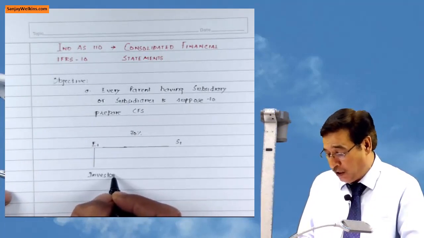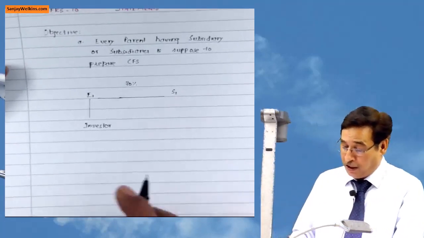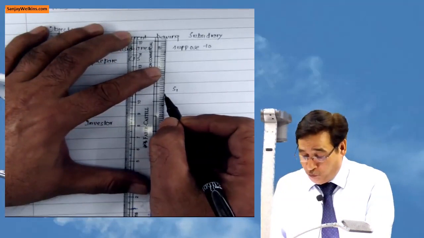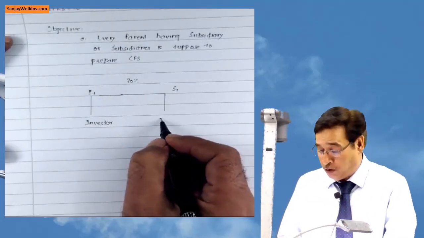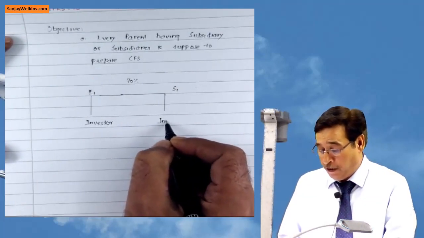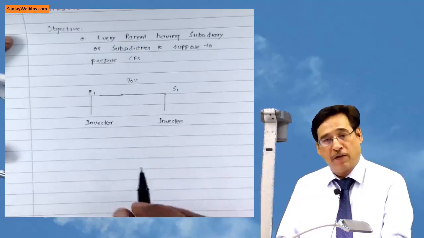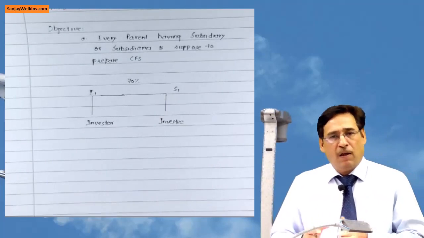Remember one thing, each one of you is very well aware of what exactly E1 is. And S1, of course, will be termed the investee company. Sometimes students confuse these two terms, so I would like to clear it right at the initial stage. S1 will be known as the investee. E1 is the investor, quite obviously.